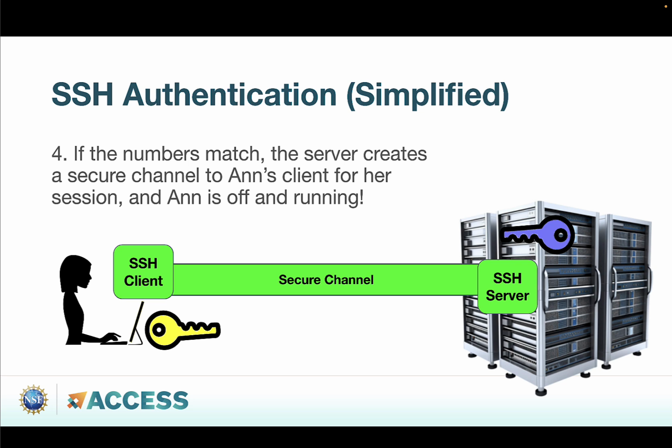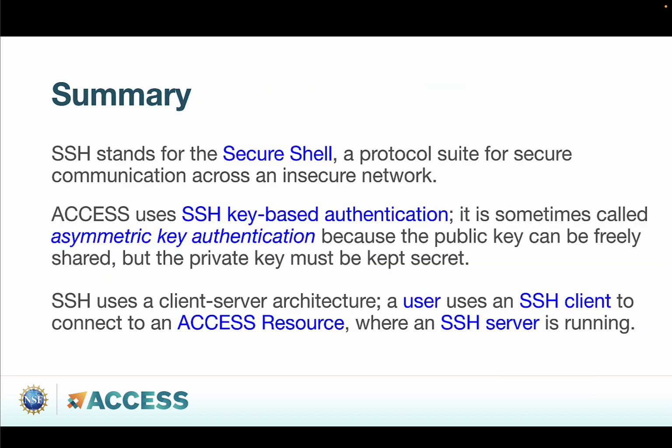For example, the SSH server sends its public key to Anne's SSH client so that her client can encrypt everything it sends to the server. The SSH handshaking protocol is much more complicated than I've described to keep it secure against different kinds of attacks. But this should give you a basic idea of how SSH uses public key encryption for authentication.